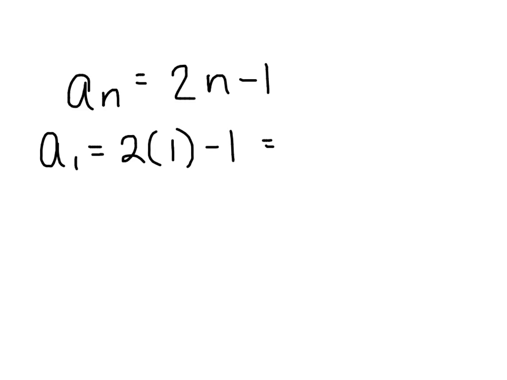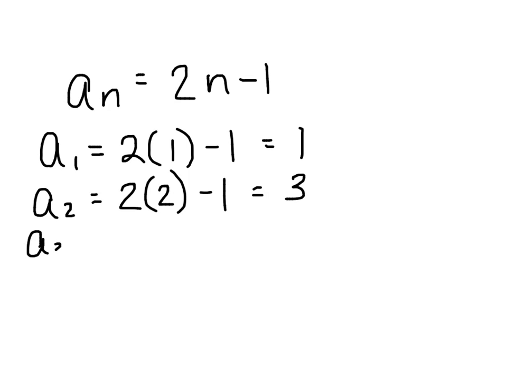So 2 times 1 is 2, minus 1 is 1. Then I do the next one. Okay, where 2 times 2 minus 1 would be 3. 2 times 3 minus 1, 5, and so on.